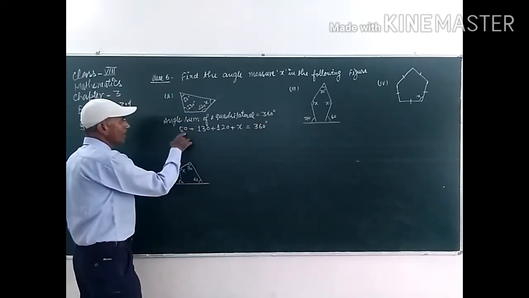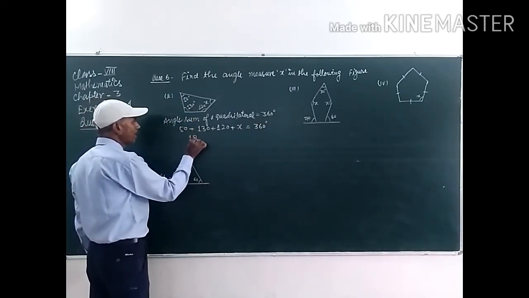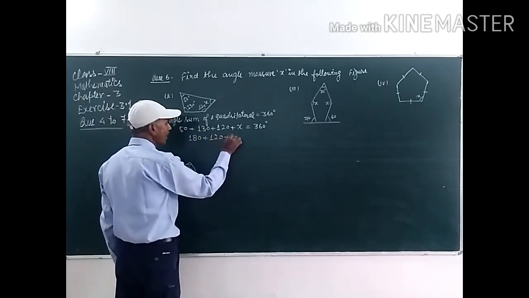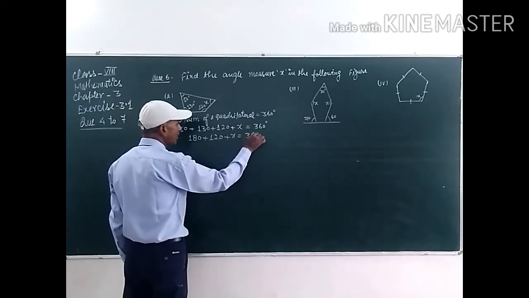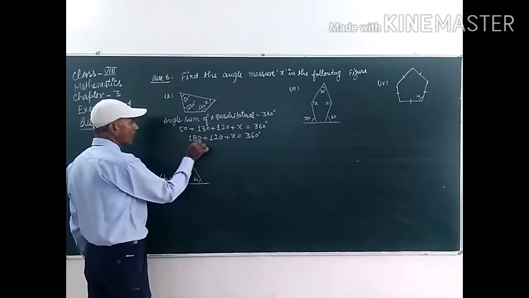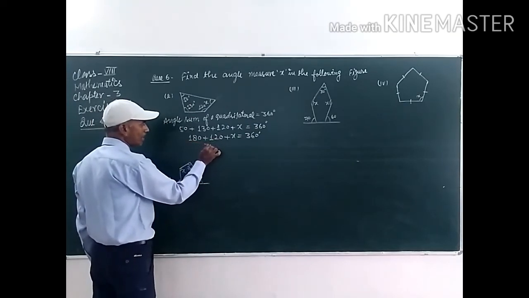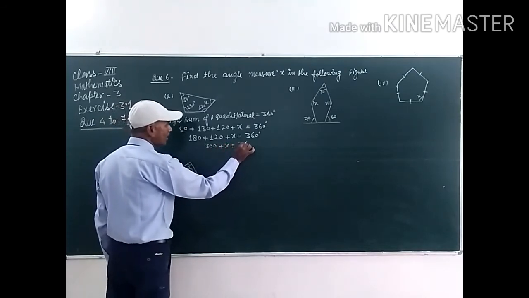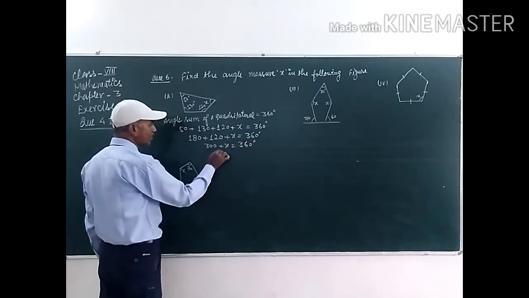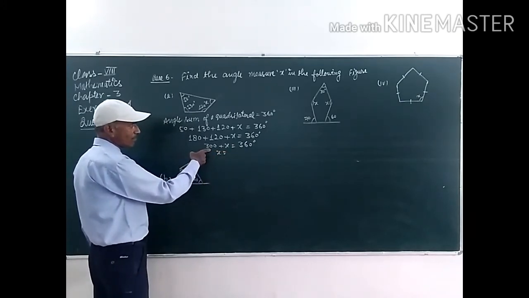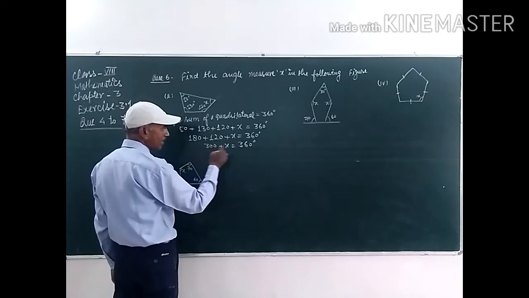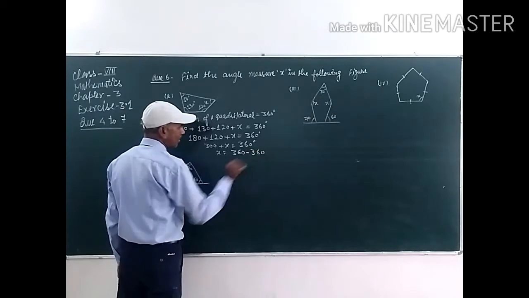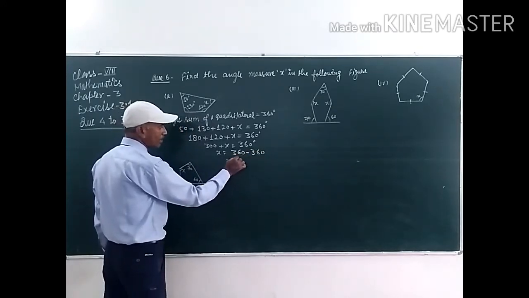So 50, 130, it will be 180 plus 120 plus x is equal to 360 degree. Now 180 plus 120, it will be 300 plus x is equal to 360 degree. Now x will be, after transposing 300 from left hand side to right hand side, it will be negative, student. So 360 minus 300 and it will be 60 degree.